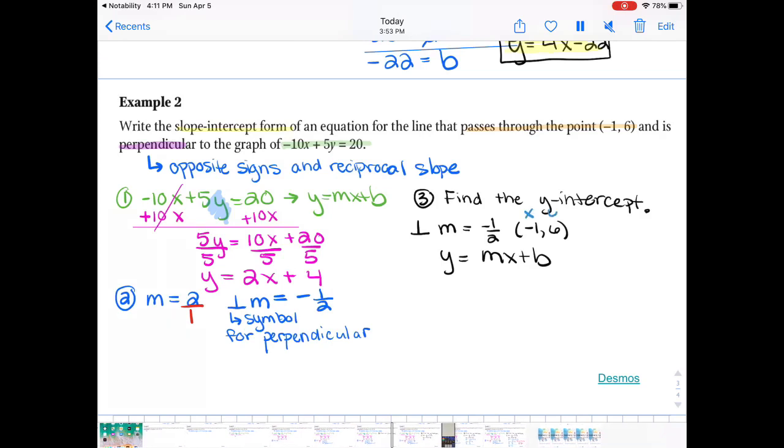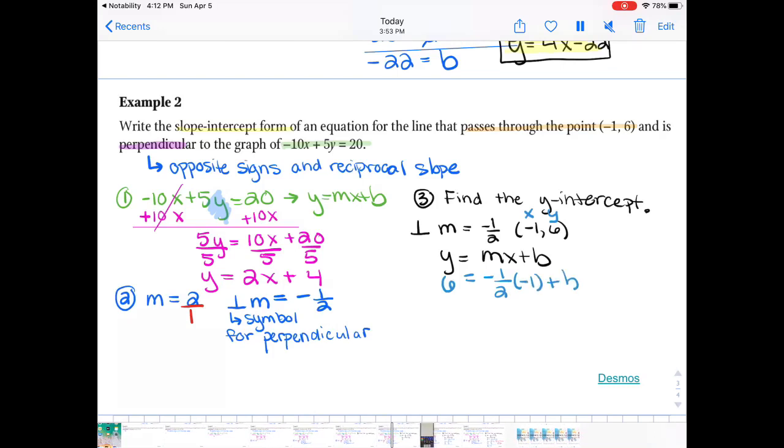So remember, the x value can be -1 and the y value can be 6 because that's a point on the line. So instead of y, we're going to plug in 6 equals, the slope was -1/2 times x, which is -1, plus b. So we are going to solve for b.